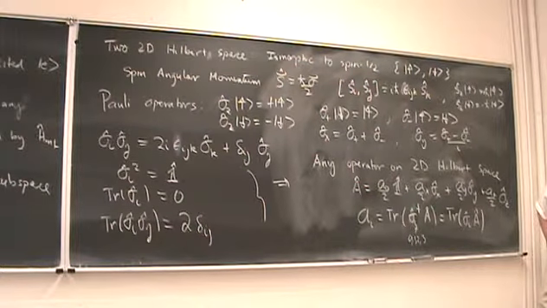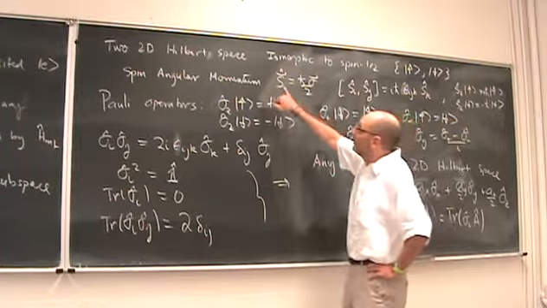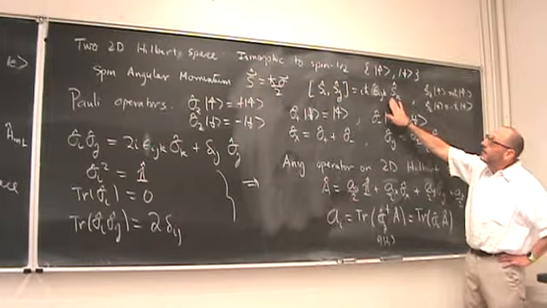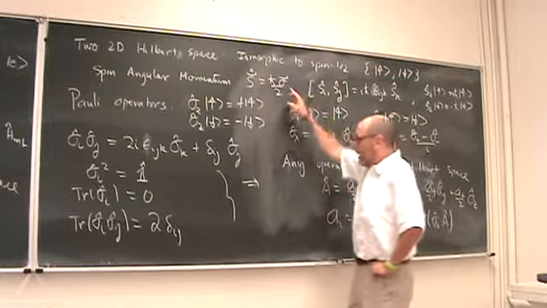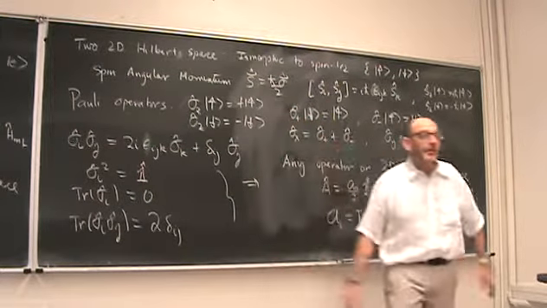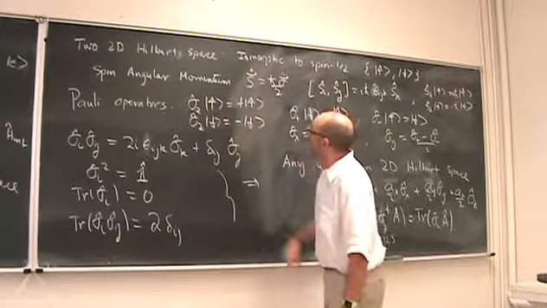So in particular, we have a spin angular momentum vector, which satisfies the usual spin commutation or angular momentum commutation relations. There is a rescaling that gets rid of all these factors, our h bars and factors of 2, the Pauli matrices. So spin up is the +1 eigenstate, and spin down is the -1 eigenstate with respect to this axis.